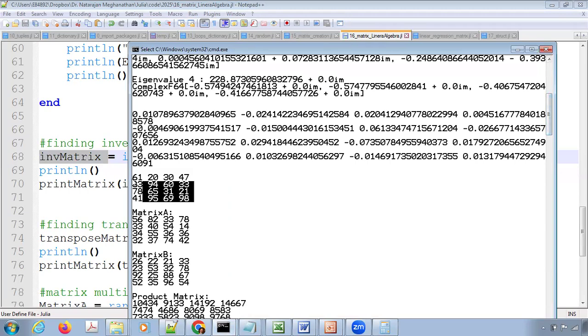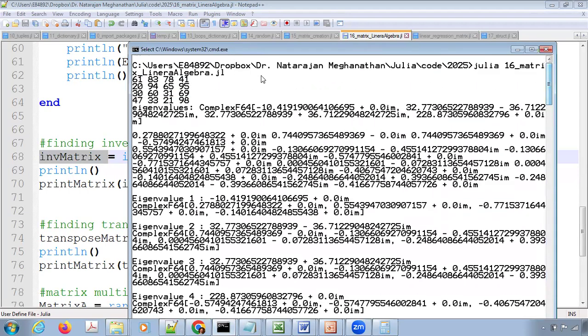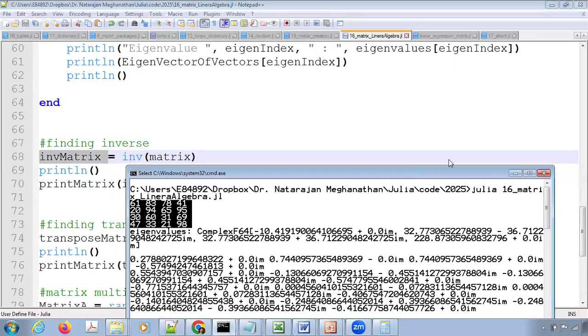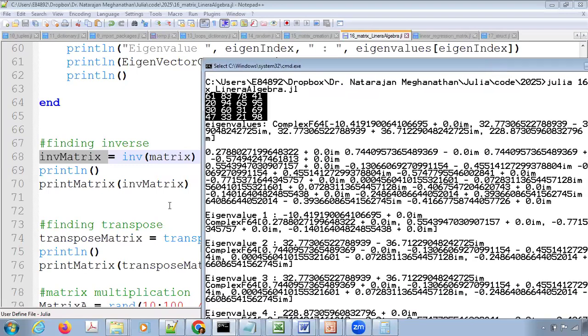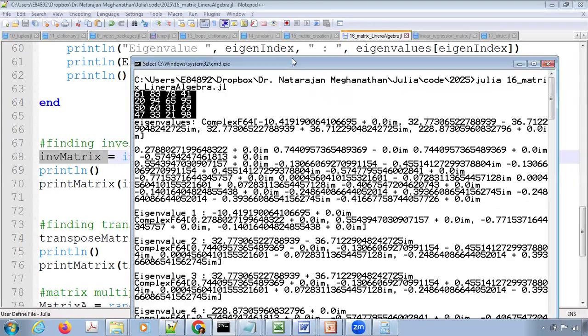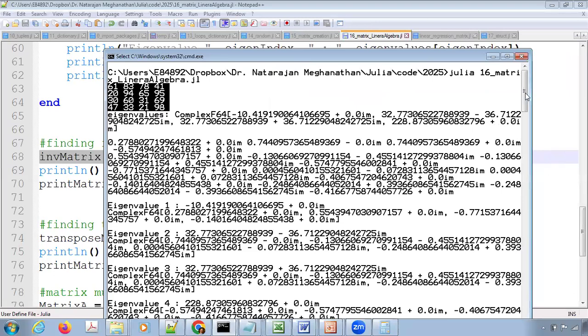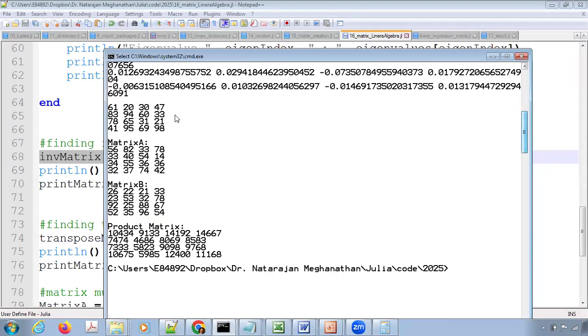This is the inverse matrix of this matrix A that we generated randomly. The INV matrix is the inverse of what I have highlighted here.